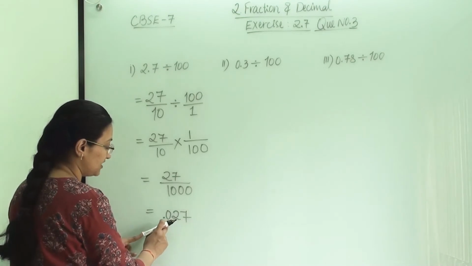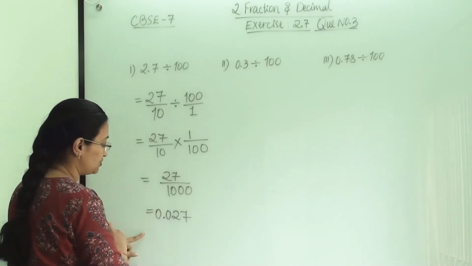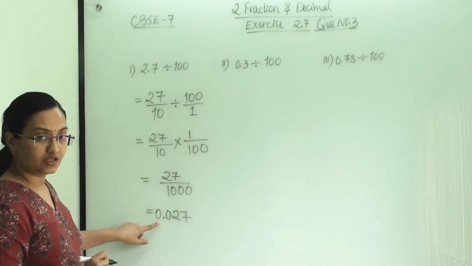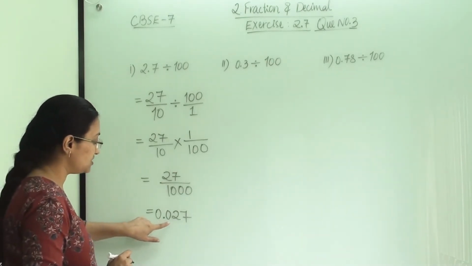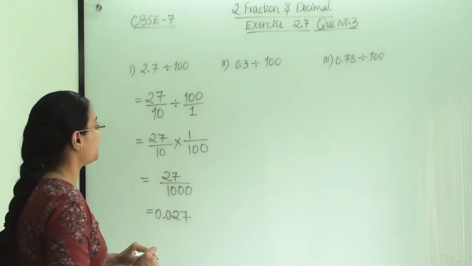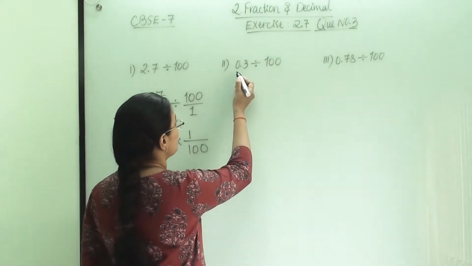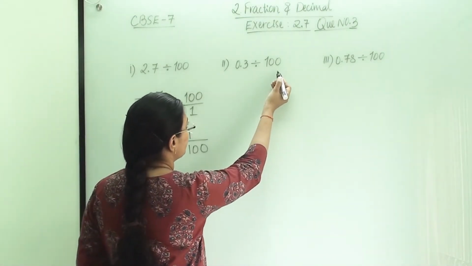So 1, 2 and 3, and one more 0 we put here because there is no other number. So the answer is 0.027.